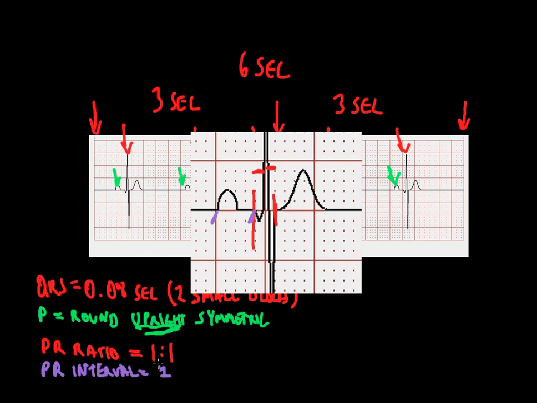Oh, I'm running out of screen, or out of my space here, so sorry, that's up there. 3.2 blocks, which if we did the math on there, 3 blocks would be 0.12 seconds, and then another fifth of that, and end up being like 0.13 seconds. And if you remember, that falls within the range that we need.